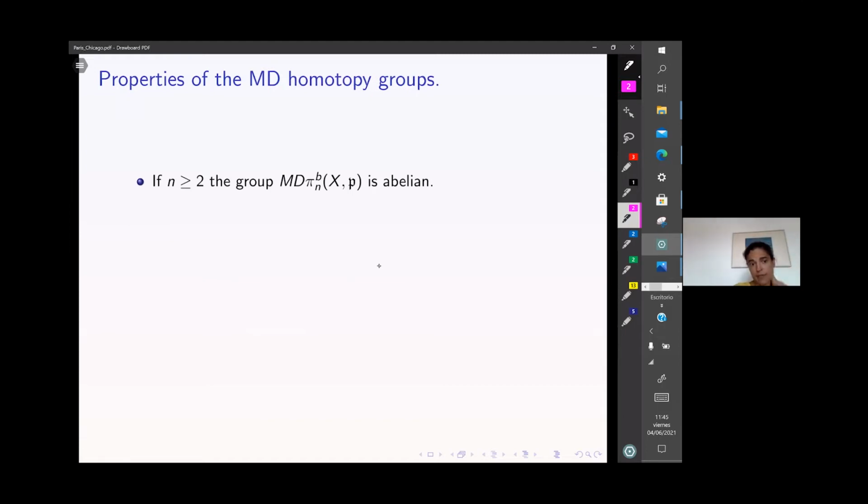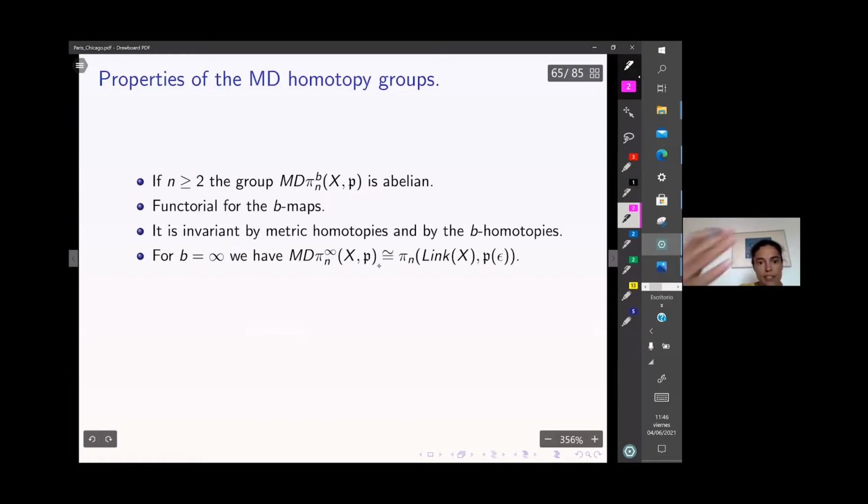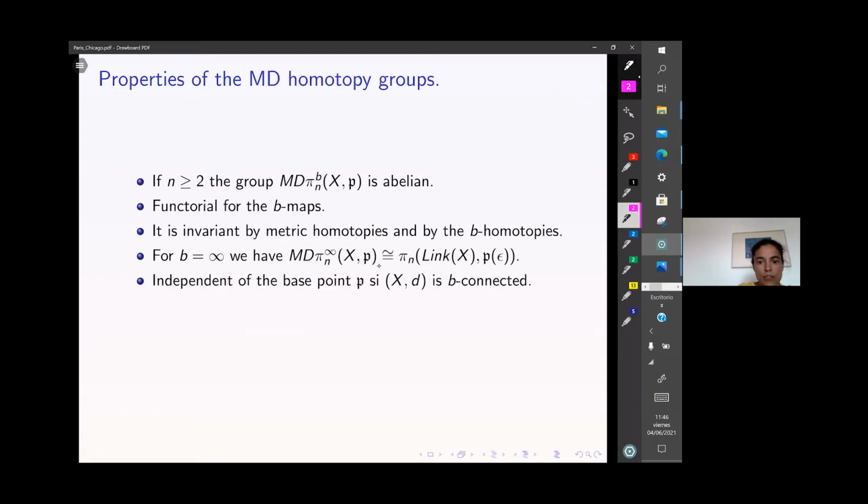We have that it is abelian for n greater or equal than 2, as in the classical setting. It is functorial again for Lipschitz mappings, for B maps. Invariant by metric homotopies, by B homotopies. For B equal infinity, we get the homotopy of the link. It is independent of the base point if the germ is connected.